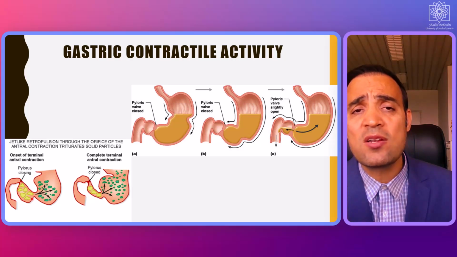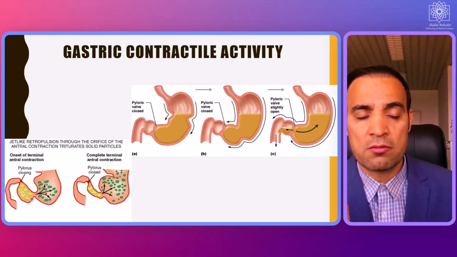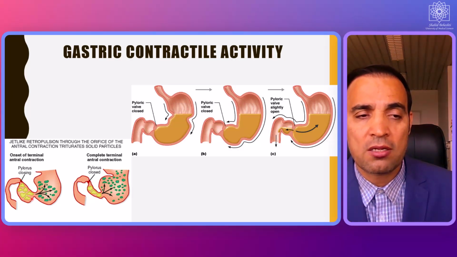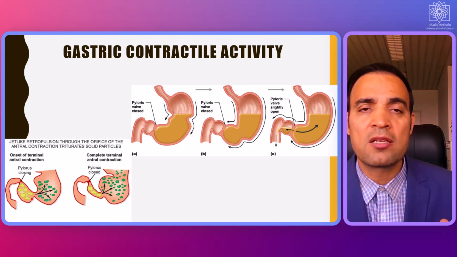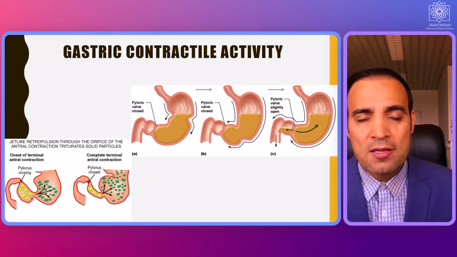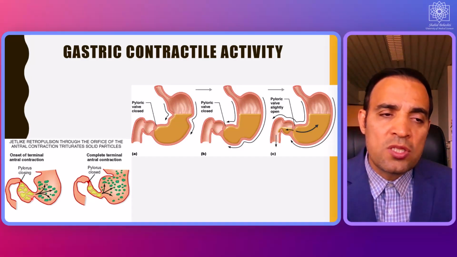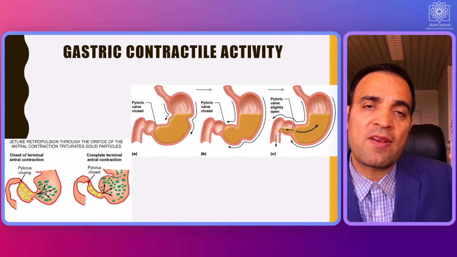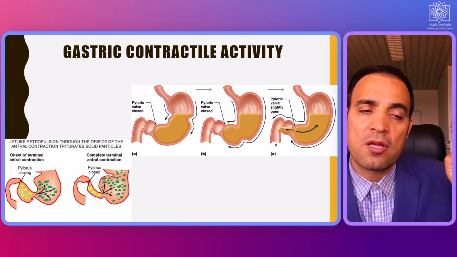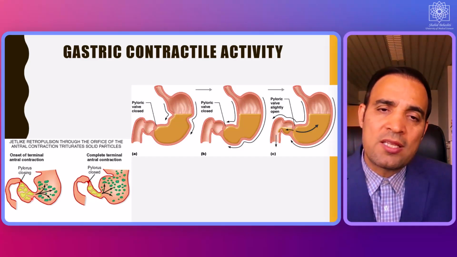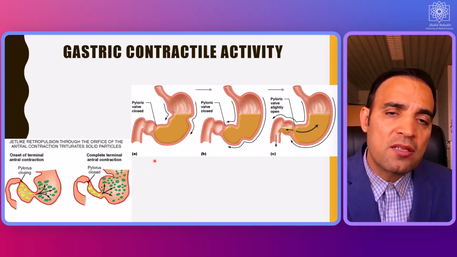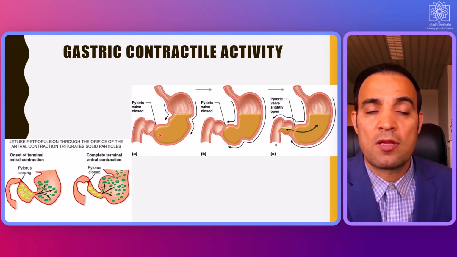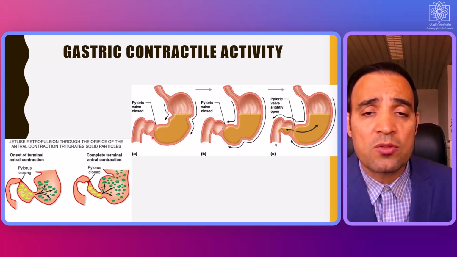As you see, these yellow particles are a little large. These are pushed into the pyloric part, but the pyloric sphincter is completely closed. Therefore, gradually the pressure in this part will increase. Why? Because the pylorus is closed.